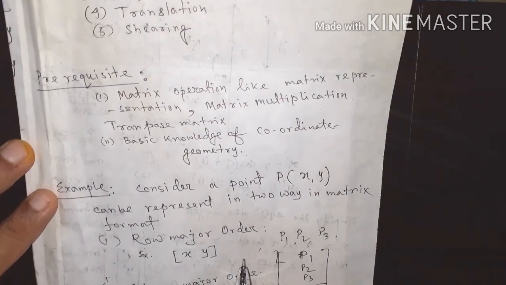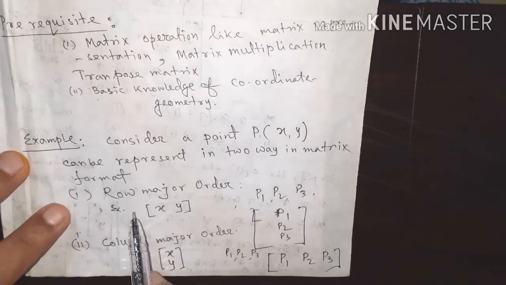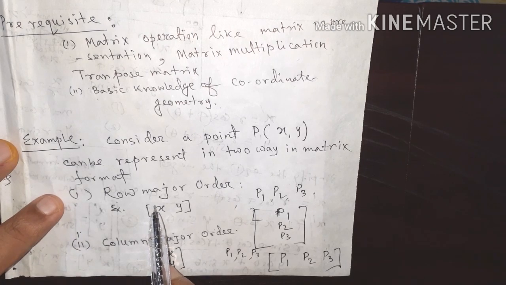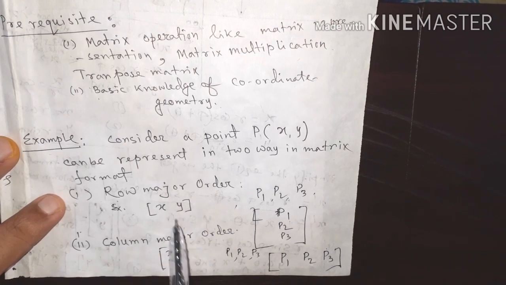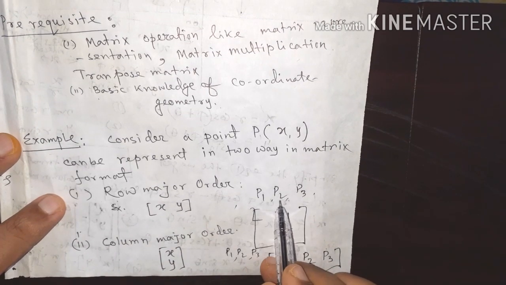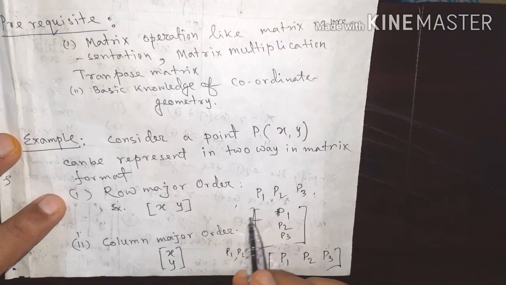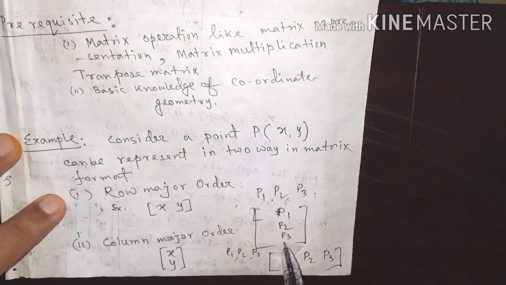In row major order, all the points of a coordinate geometry are represented row wise. For example, if there are 3 points P1, P2 and P3, I represent P1, then row wise P2, row wise P3.